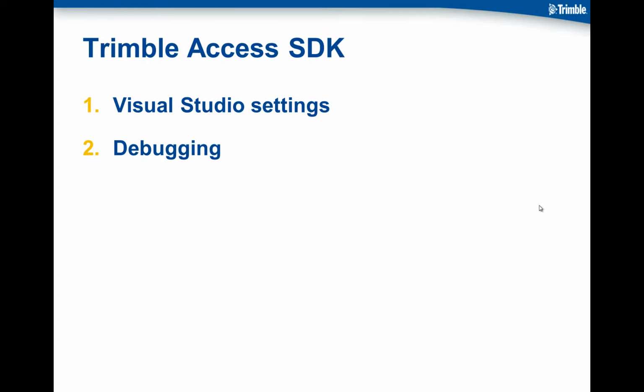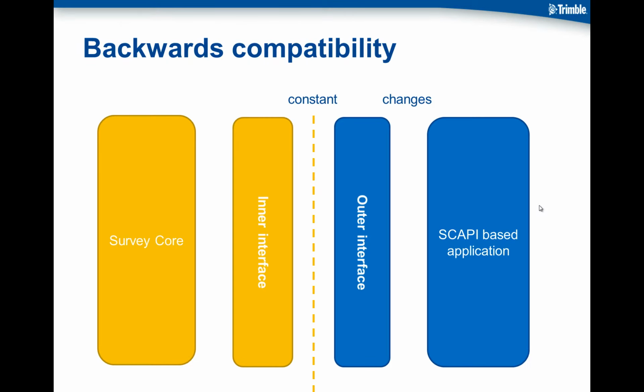To explain what I mean, this is essentially how our API looks like. On the very right side, you see the SCAPI interface. That's essentially your application. You are including or referencing headers, that is our so-called outer interface. You might notice that when you switch between versions, for example, if you update your application from SDK 2.50 to 2.60 or any other version, although your application still runs, you can't compile it anymore.